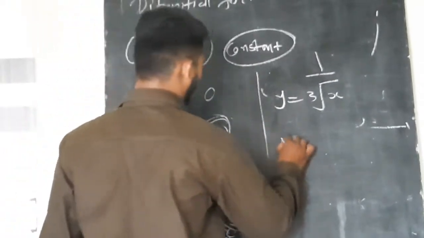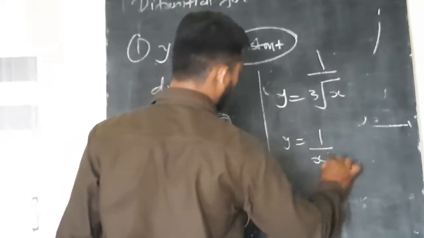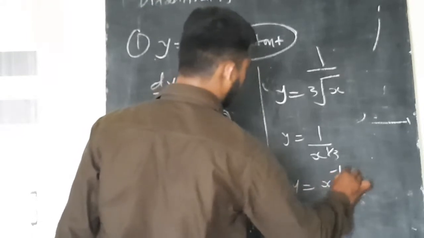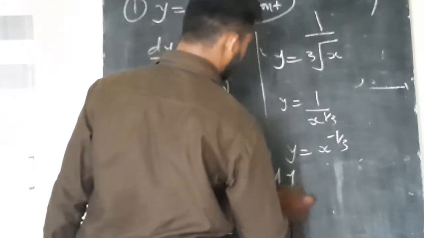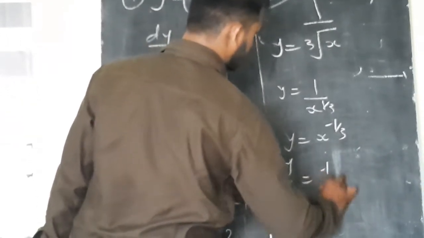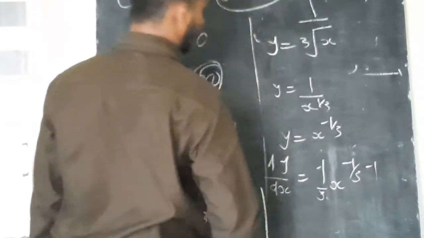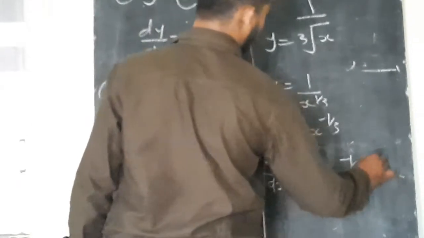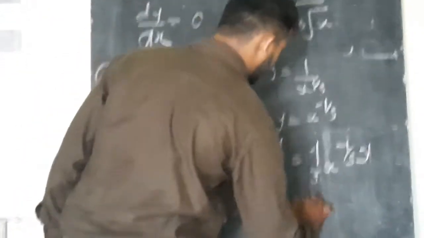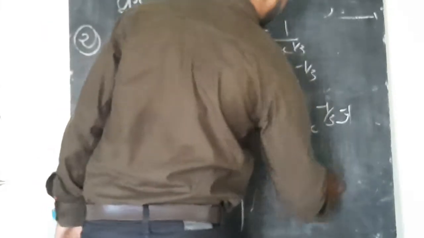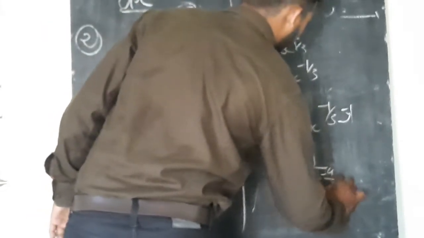So we will get y is equal to 1 upon x raised to 1/3, and it will come to the upper side, x raised to minus 1 by 3. So dy by dx is equal to minus 1 by 3 x raised to minus 1 by 3 minus 1, which is minus 1 by 3 x raised to minus 4 by 3. So we can get that value.